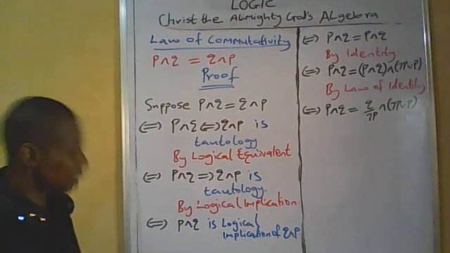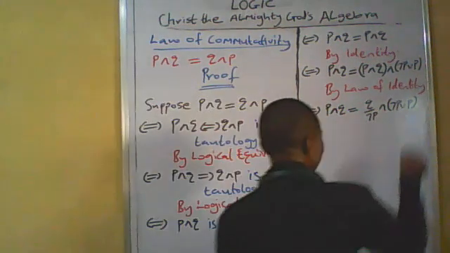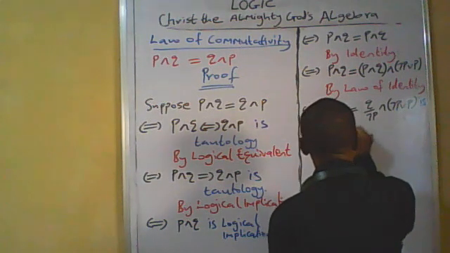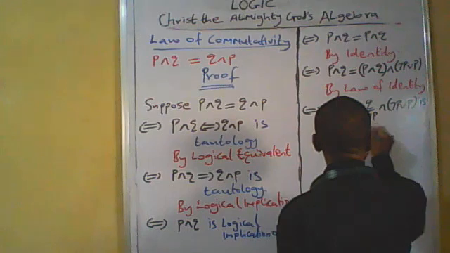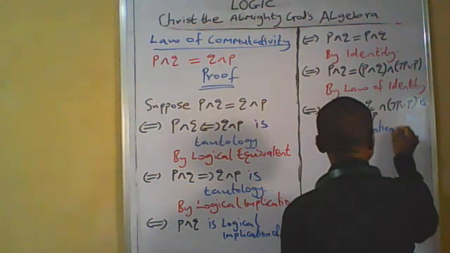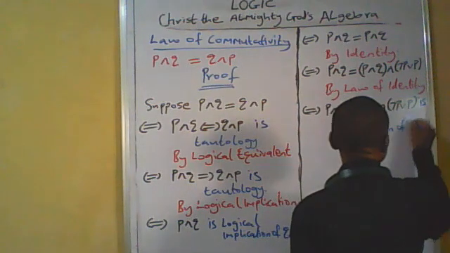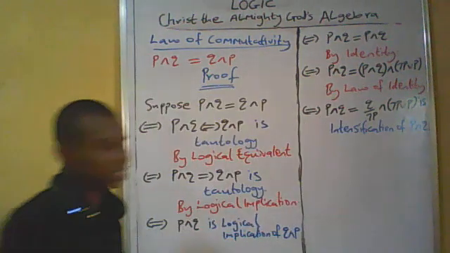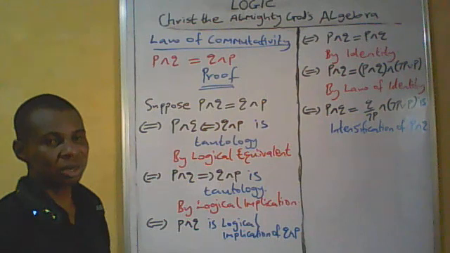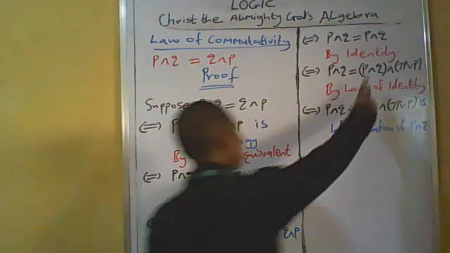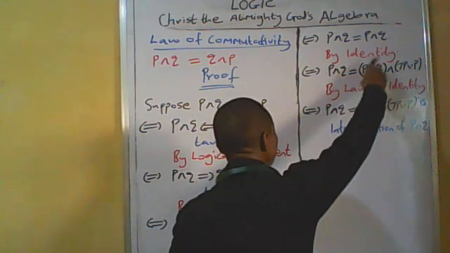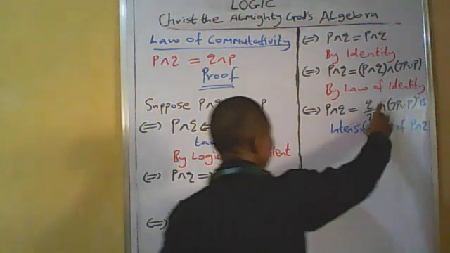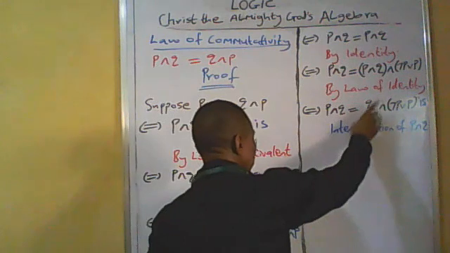We say that is intensification of P and Q. So being justified by Christ Almighty God's grace that we transform this conditional statement P and Q to conditional statement Q upon not P. That means not P implies Q.